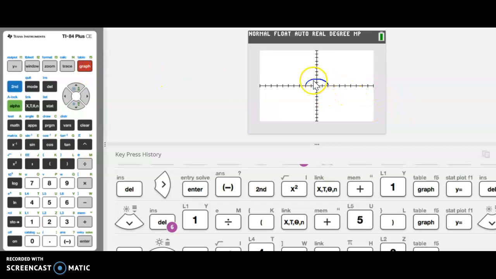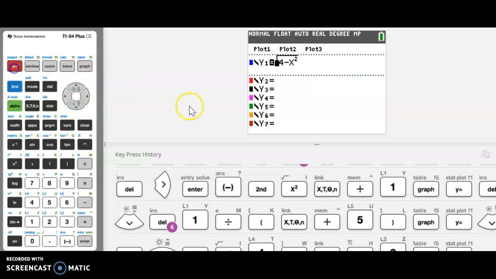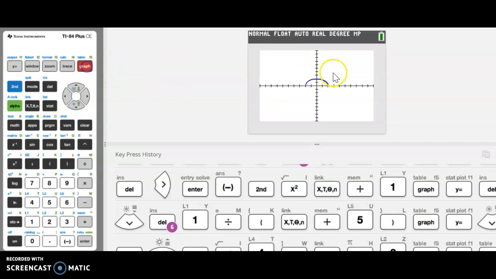Okay, so for this graph does end there. How do you know that? Well, if I looked at the equation, try plugging in 10. So it'd be 4 minus 100. Well, that's a negative. I can't do that. So that's how I know it stops. So I can plug in everything in between here. We're doing domain. I can plug in anything from negative 2 to 2. Can I plug in negative 2? Well, if you're not sure, plug it in and try it.